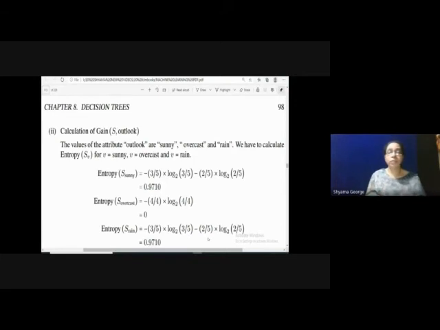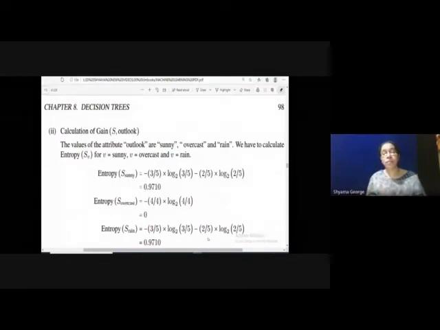Out of these 5, 3 are in one class, that is yes or no, and the other 2 are in the other class. So the entropy of S rain is minus 3 by 5 log 2 to the base 3 by 5, minus 2 by 5 log 2 to the base 2 by 5, which is equal to 0.9710.